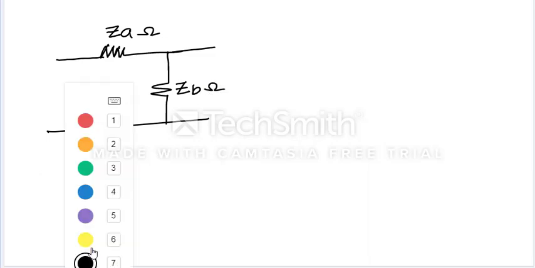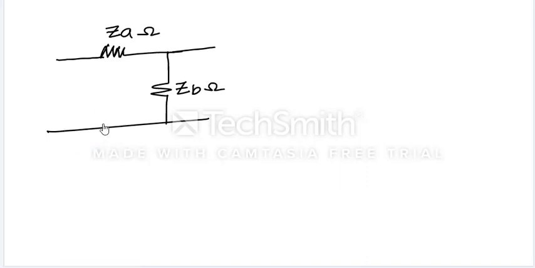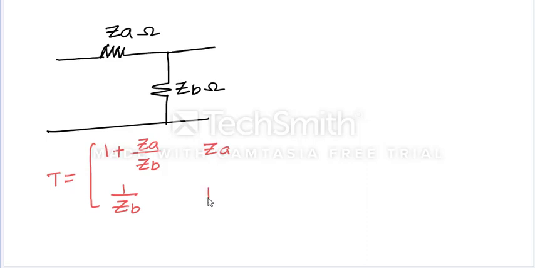In these cases, the T parameters, remember this is 1 plus ZA by ZB, then ZA, next 1 by ZB, next 1 is left now.